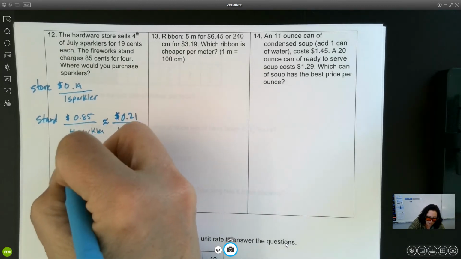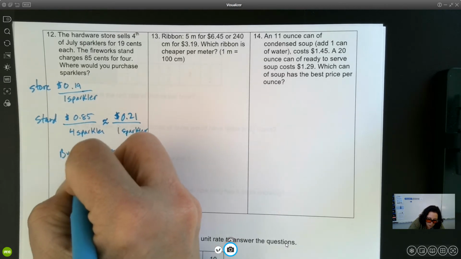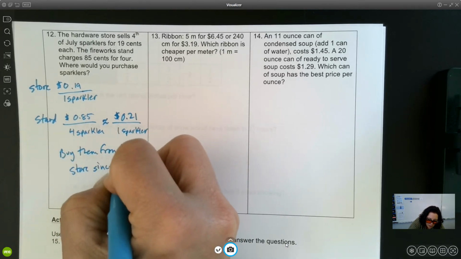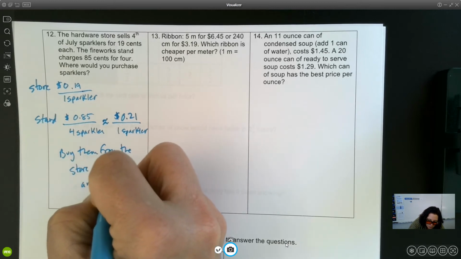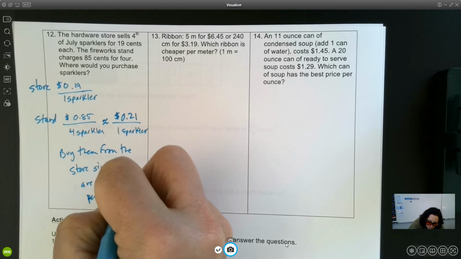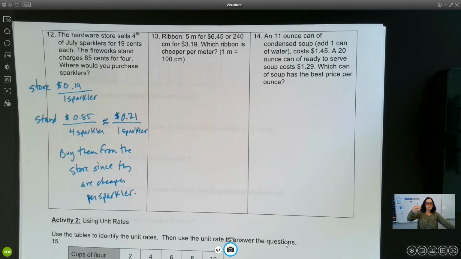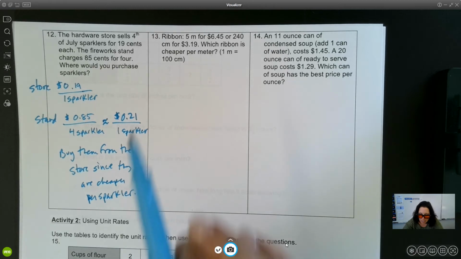Okay, buy them from the store since they are cheaper per sparkler. Okay, if you did the units the other way, sparklers per money, aren't we looking for the greater amount of sparklers? So you would still say buy them from the store since, but you would say you get more sparklers for your buck. Okay. All right, this guy, ribbon.